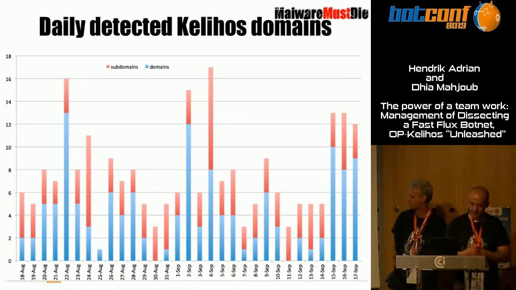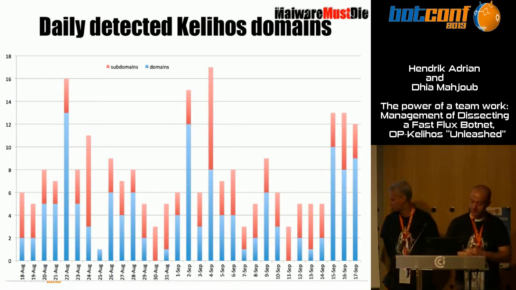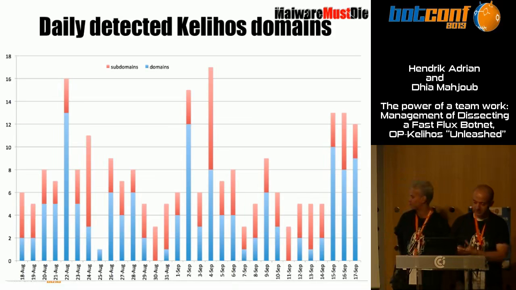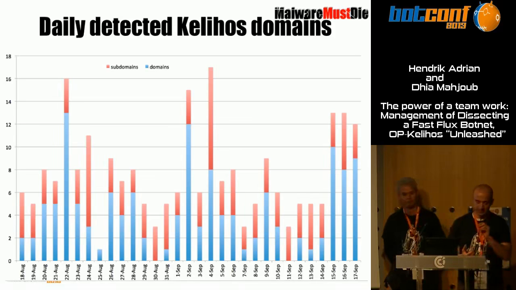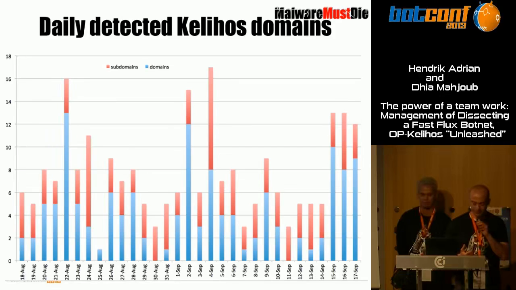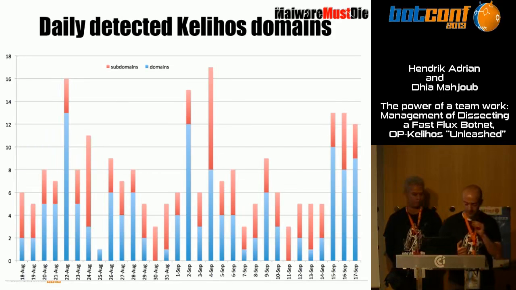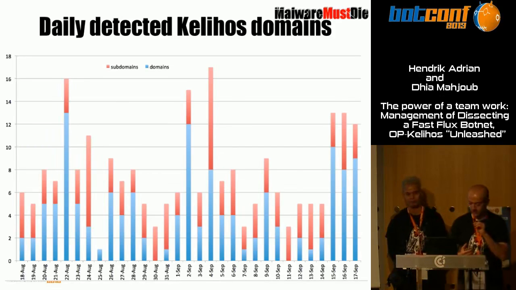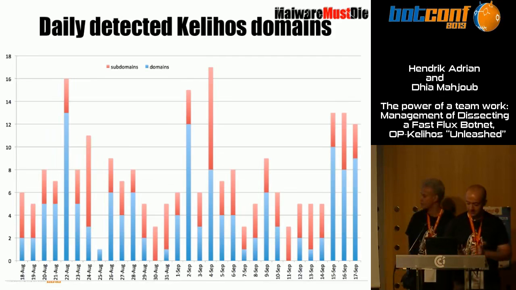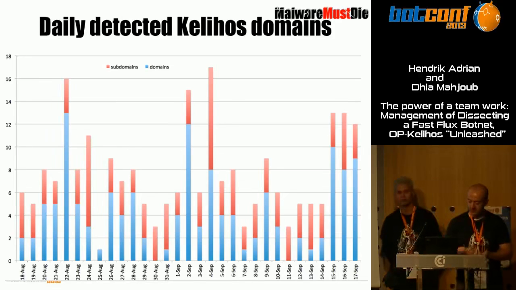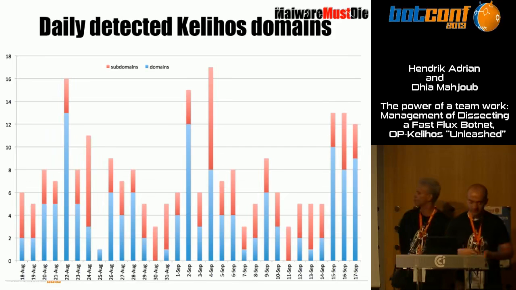Now, here we look at the daily detected Kilios domains. What you can take away from this slide is that these guys are provisioning domains or subdomains on a daily basis. So they're not tiring or getting exhausted. You see the blue and the red are either domains or subdomains. Some days they don't have enough new domains, so they will use subdomains under the existing ones.